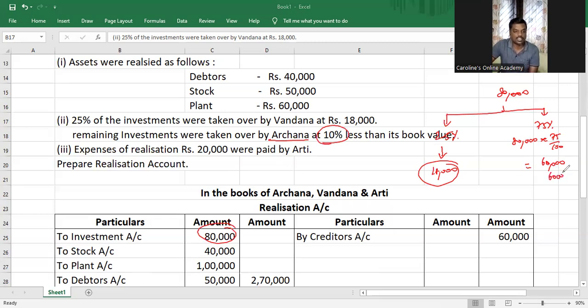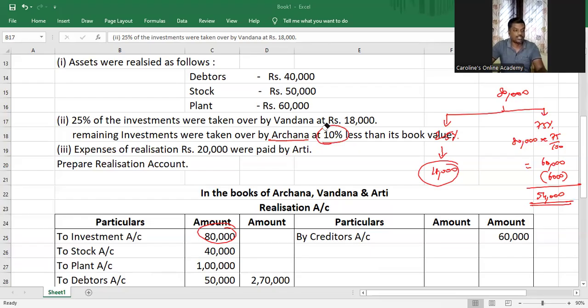So 10% of 60,000 is 6,000. That is the discount we are giving. So 10% less than the book value of 60,000 is 54,000. So Archana is taking the remaining investments for 54,000.